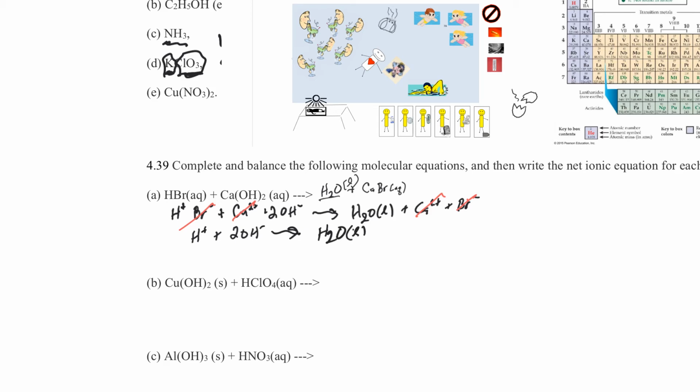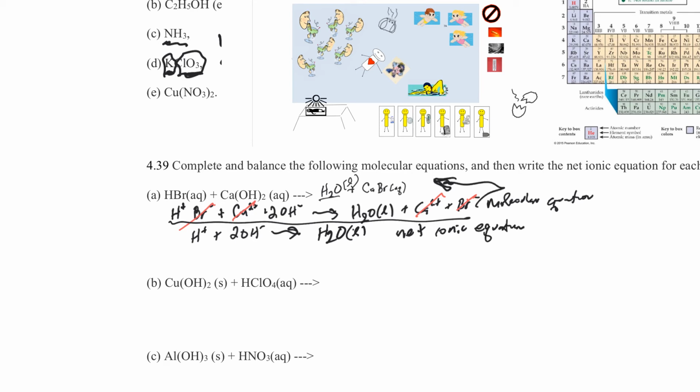This is called the molecular equation, and this is called the net ionic. This is the molecular equation here. This is the full ionic equation, the complete ionic equation, and then the net is everything that wasn't canceled. The net ionic equation is the H plus and the two OH's yield water.